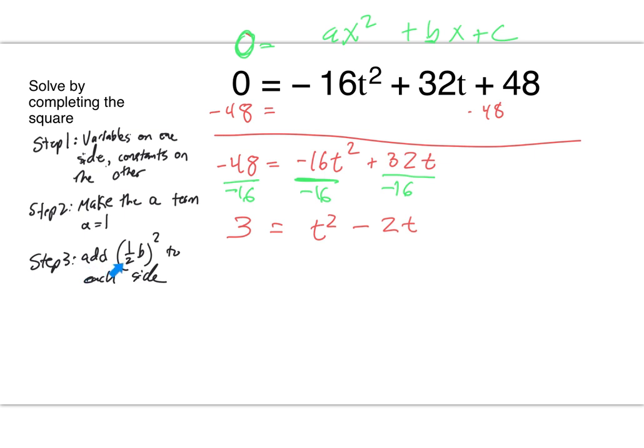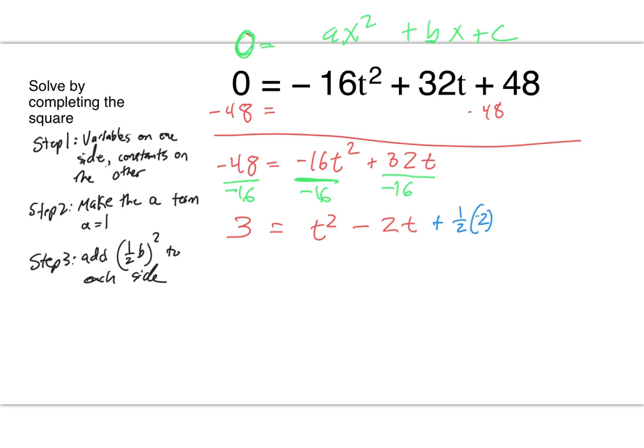Next step, I take half of the b term. That's my b term. I'm going to take half of b and square it and add it. Half of 2, because 2 is the b term, it's negative 2.